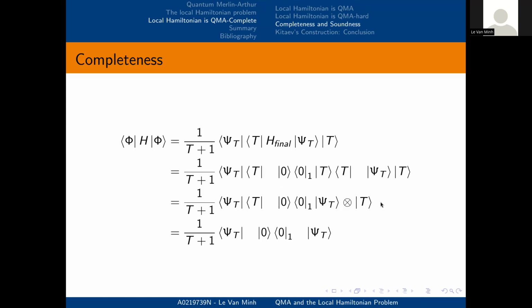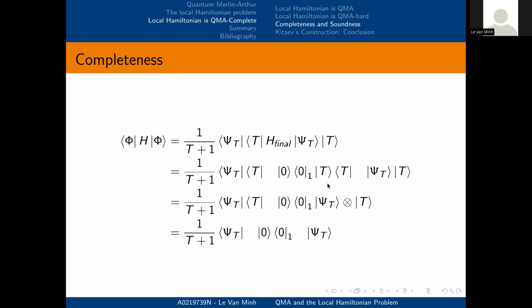And now we put our pens out and do the calculations: bra phi H ket phi is equal to 1/(t+1), and we just plug in phi there to get psi t over t, because we only penalize the final state.